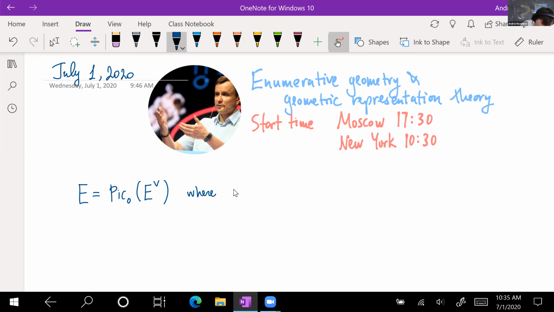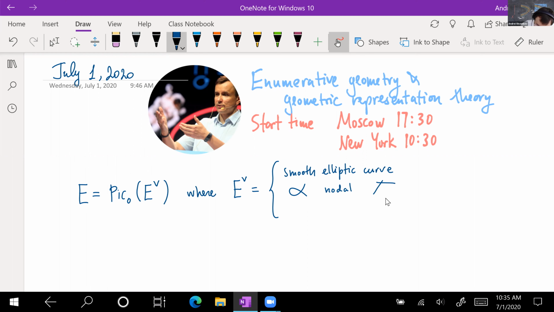This is for uniformity, where E check in some cases could be a smooth elliptic curve, or could be a nodal curve.